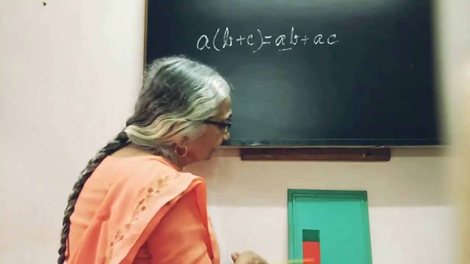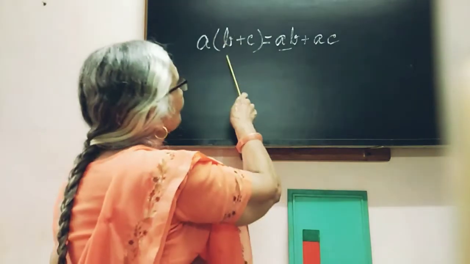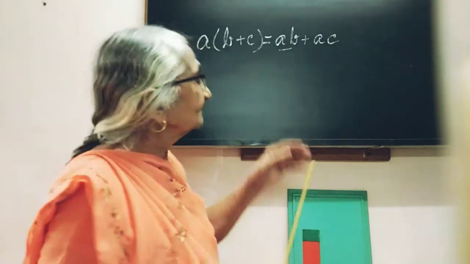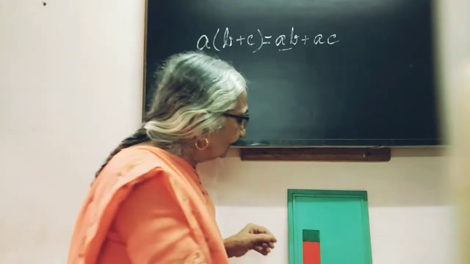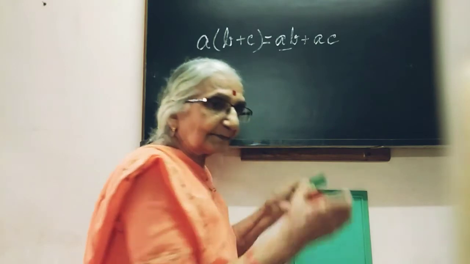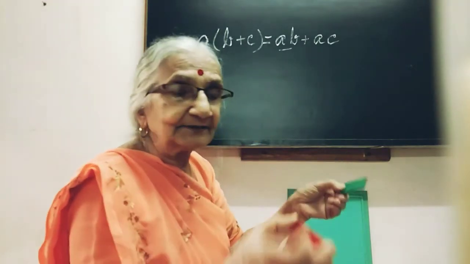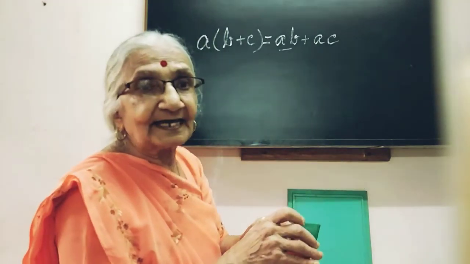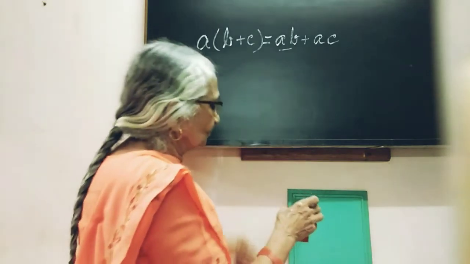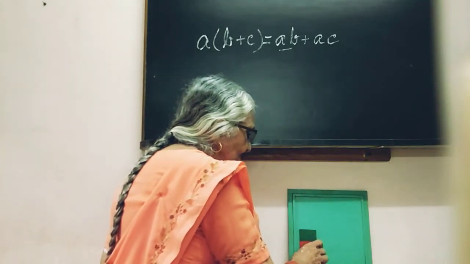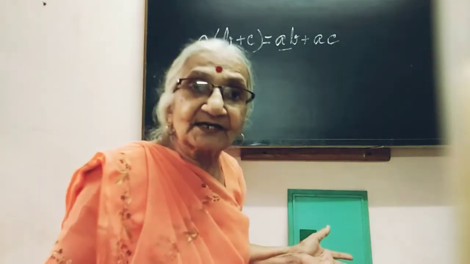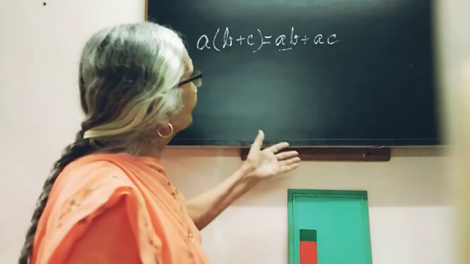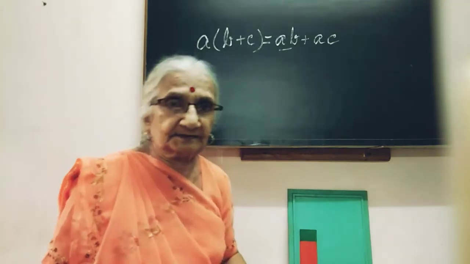By putting the pieces one over the other, we got the right hand side. Whether you take the two separately and add, or put them together, the area has to be the same, and therefore these two are equal.